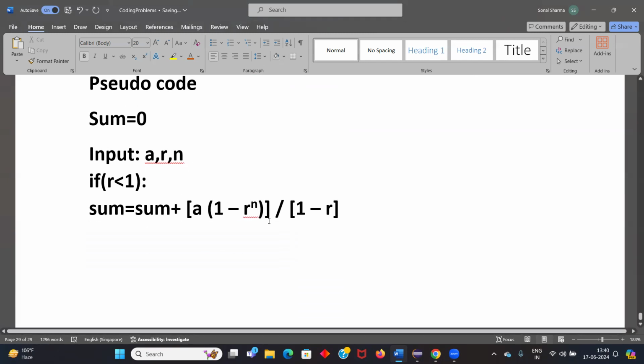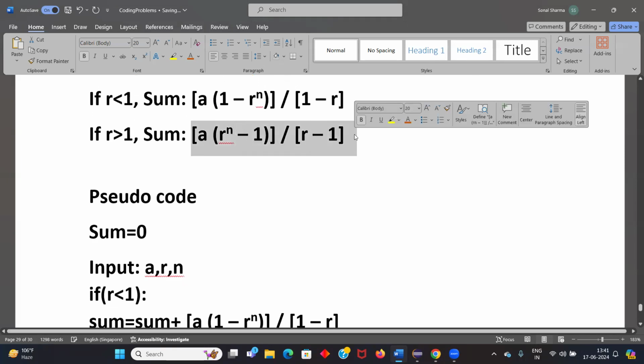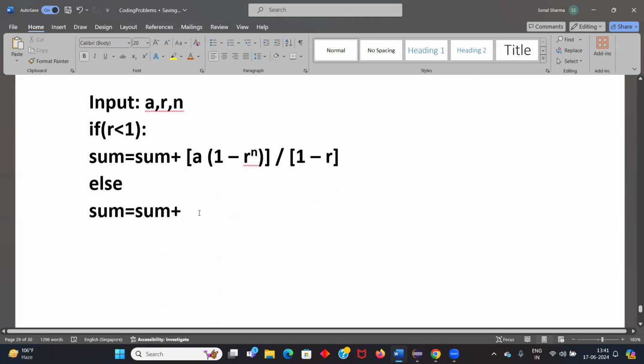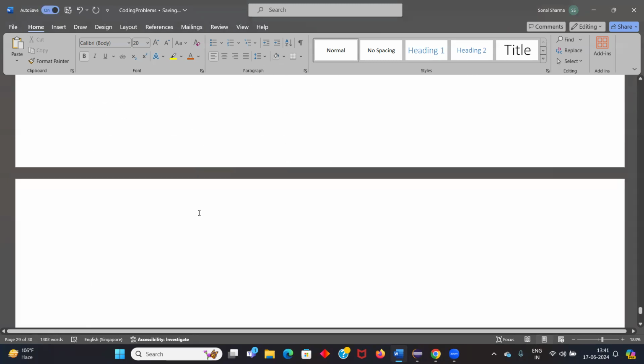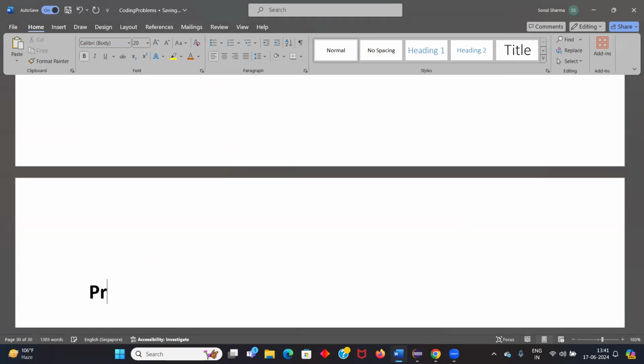And else, if my R is not less than 1, if it is greater than 1, then my sum value will be A into R raised to power n minus 1 divided by R minus 1. And then at the end, once I have calculated the sum value, I will simply print it.